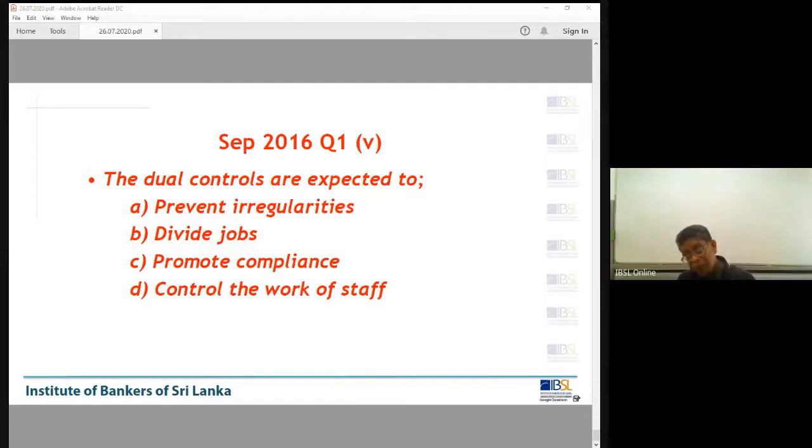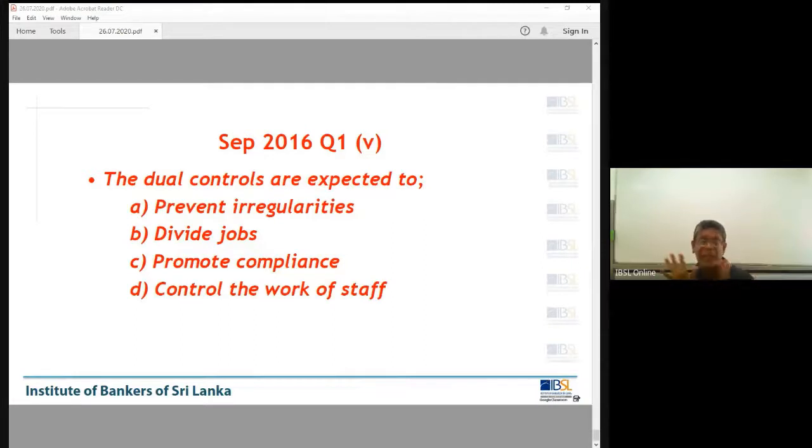Suppose a corporate customer comes, a company account you need to open. What are the documents you need? You need a resolution from the board, authorizations on who can operate or sign the cheques and things like that, business registration, and all documents.